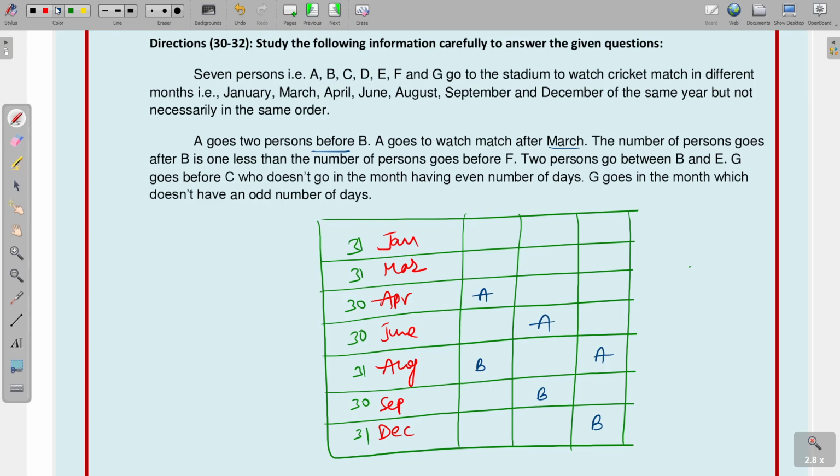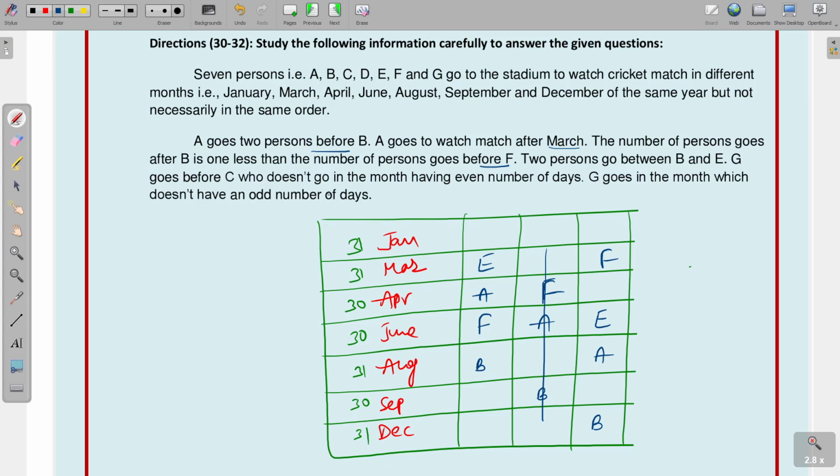Next, the number of persons who go after B is 1 less than the number of persons who go before F. So after B 2 persons, before B 3, before F 3 persons; after B 1, before F 2; and after B none, before F 1 person. Okay, 3 possibilities. 2 persons go between B and E. There is no place to fix E here, so this one is not correct, and here E is placed.